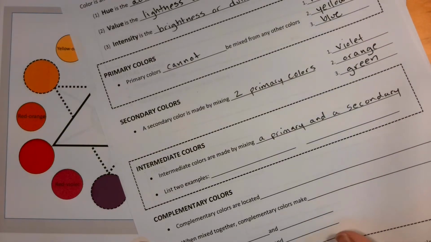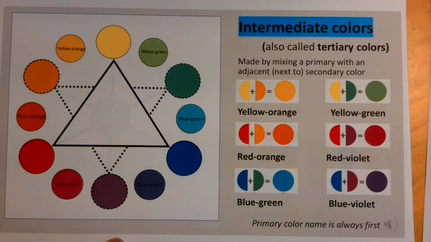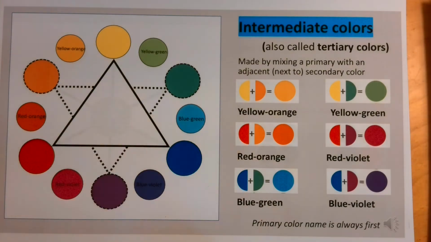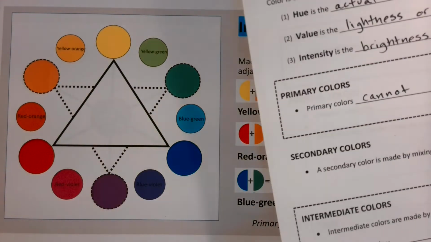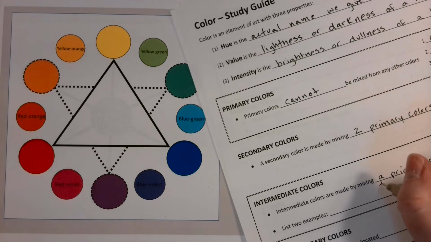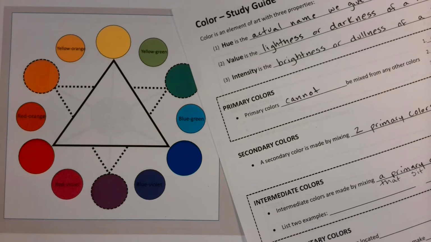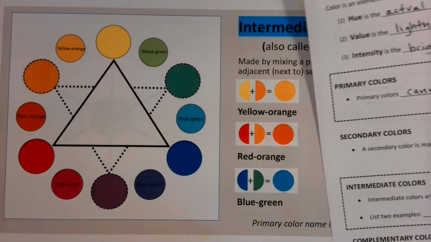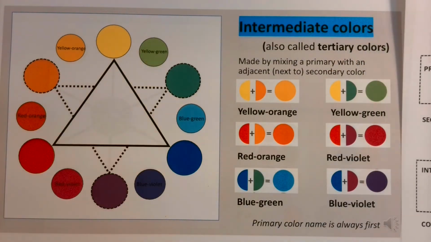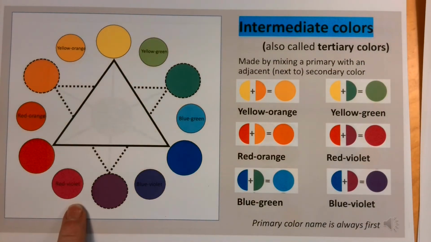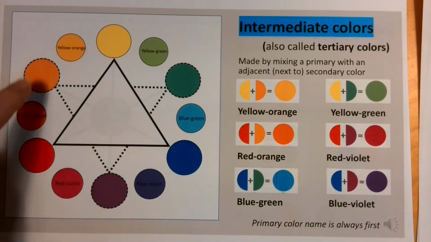And really, we need to know that that's a primary and secondary that sit next to each other, or adjacent. So a primary and a secondary that sit next to each other. And there are 6 of them. So we've got yellow-green, blue-green, blue-violet, red-violet, red-orange, and yellow-orange.